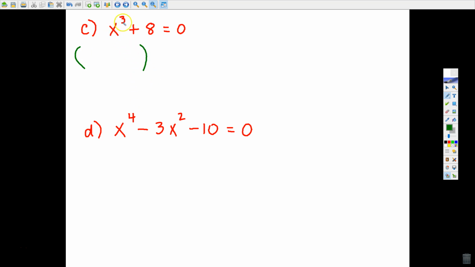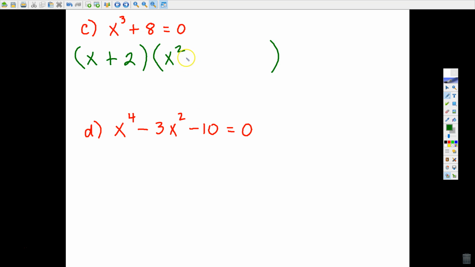So what's the cube root of x cubed? X. Plus 8. Close. It's the cube root of 8, a number multiplied 3 times to equal 8. The cube root of 8 is 2. Now that you have those two, can you give me the rest of the factoring? Good.